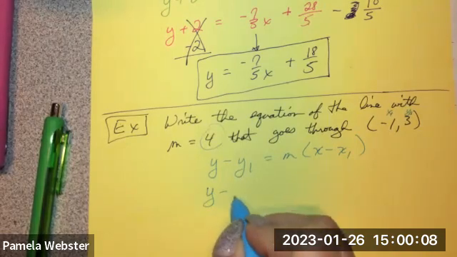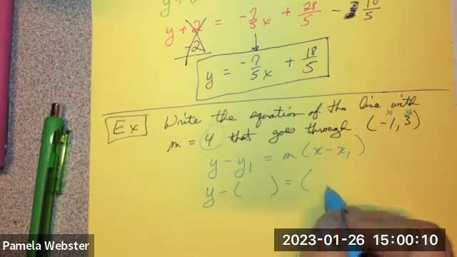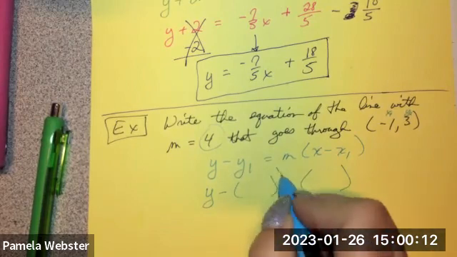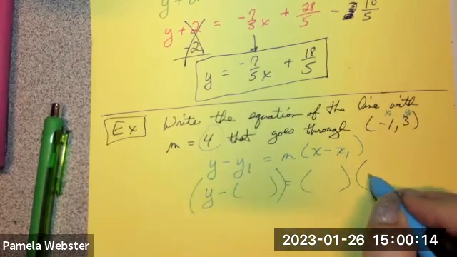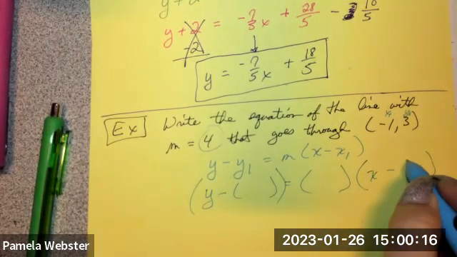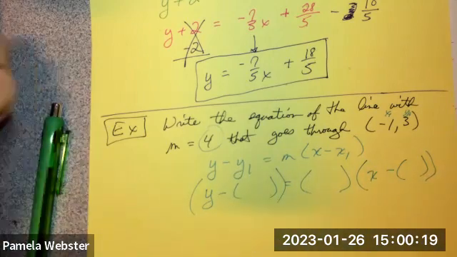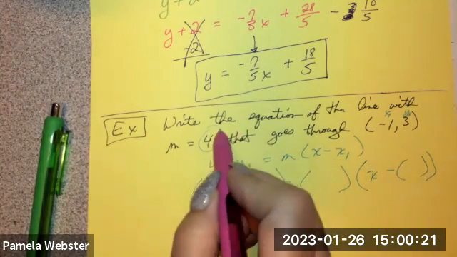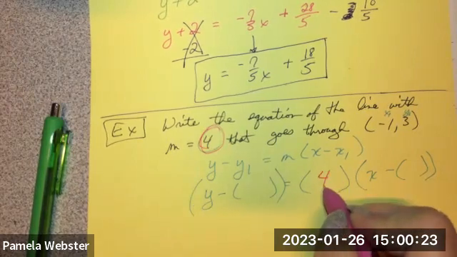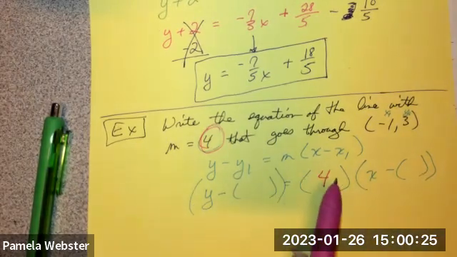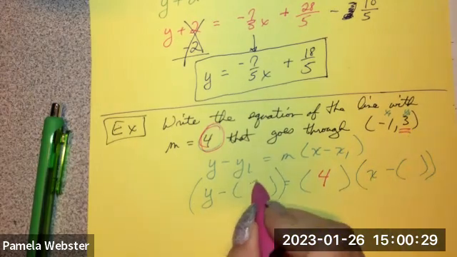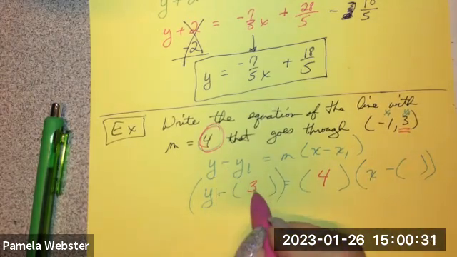So here I'm going to do y minus, there's going to be something there for the slope, and x minus something there for the x. So what are we plugging in? The slope, the m is a 4, right? Trying to do this in different colors so we can see it. The y1 was a 3, so there's a minus from the formula, and then the y was a 3.